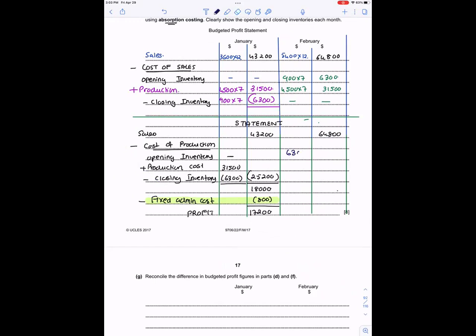Opening inventory 6,200. Production cost is 31,500 and there is no closing inventory. So this is 37,800. Cost of sales or cost of production.